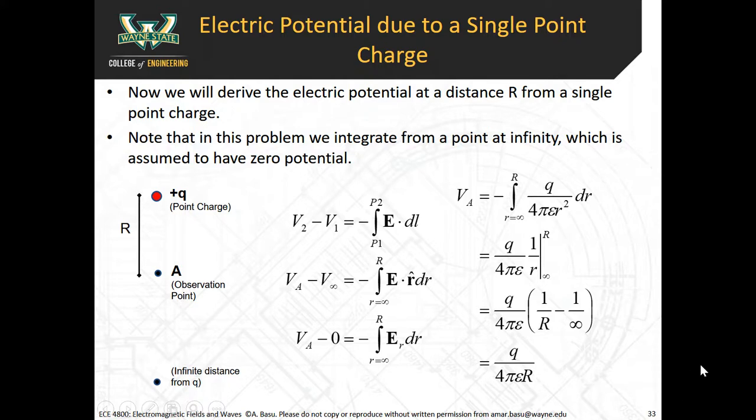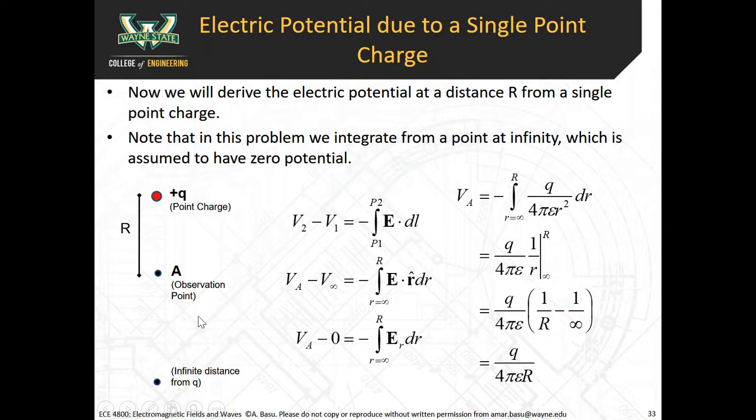So this 1 over infinity goes to 0, right? That term becomes negligible. And then you're left with q over 4 pi epsilon times capital R. Capital R is the distance between the two.